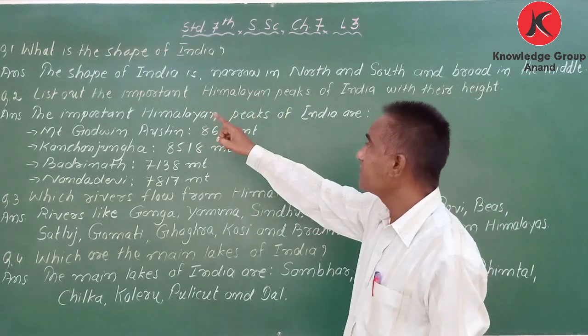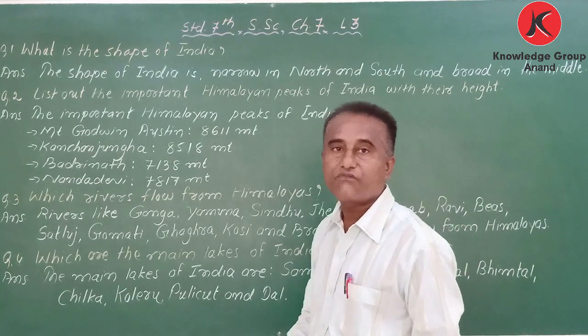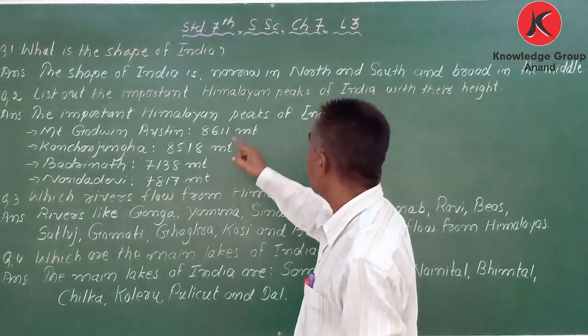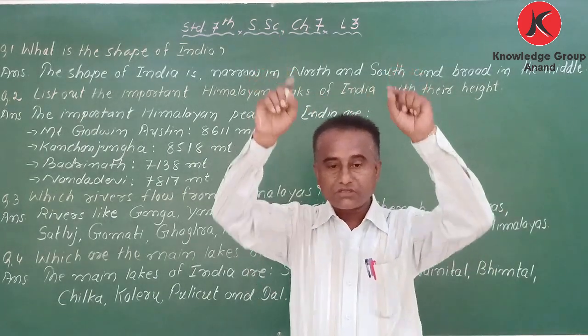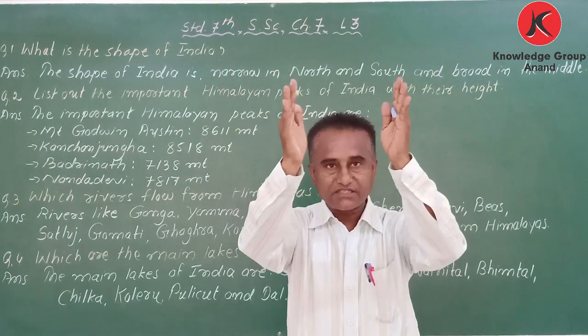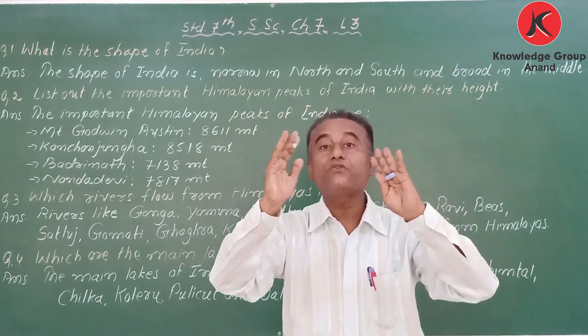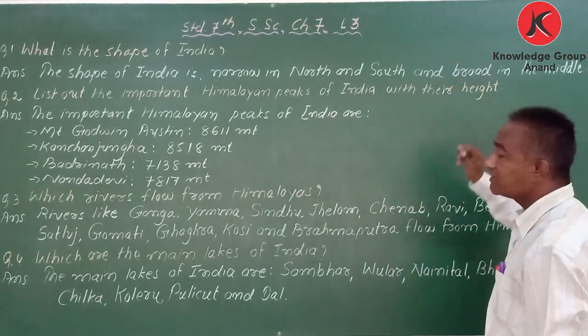Answer: the shape of India is narrow in north and south. In north and in south it is narrow, so narrow in north and south and broad in the middle.